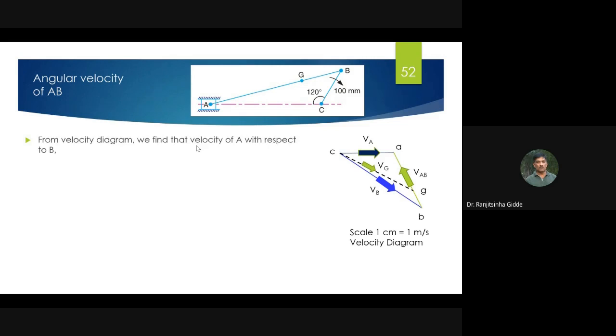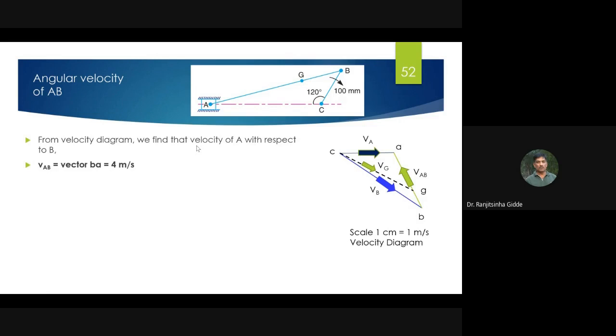Next line you can write, from the velocity diagram, the velocity of A with respect to B. So we can measure this vector ba.